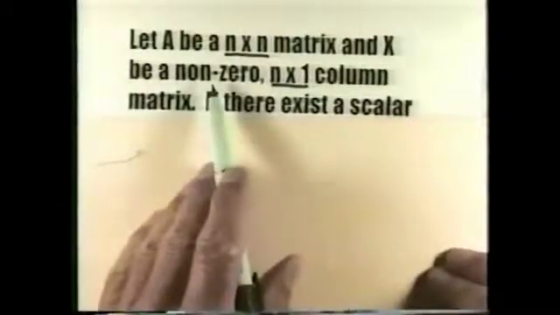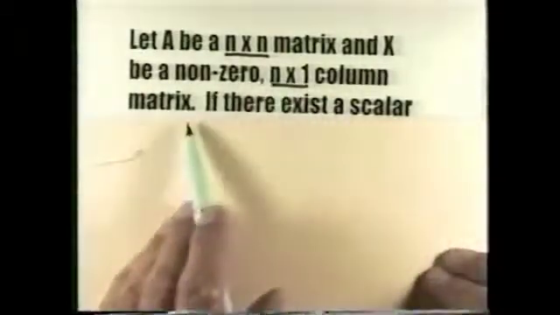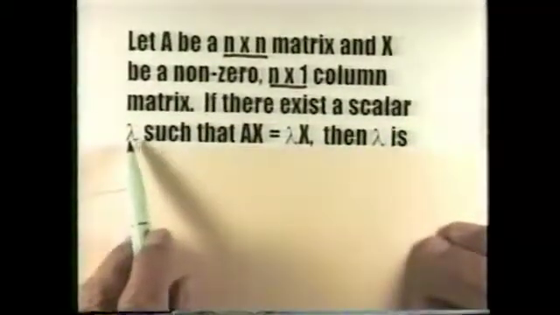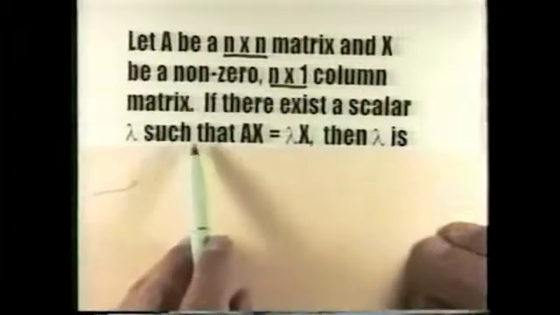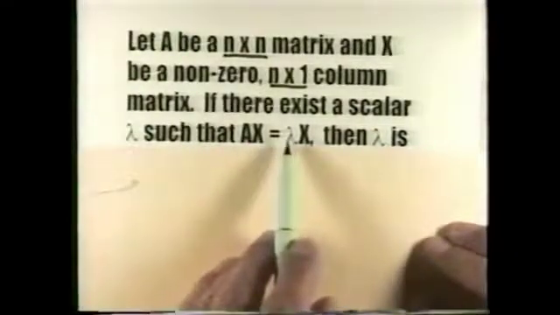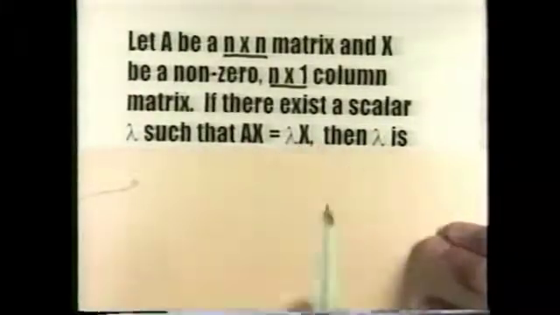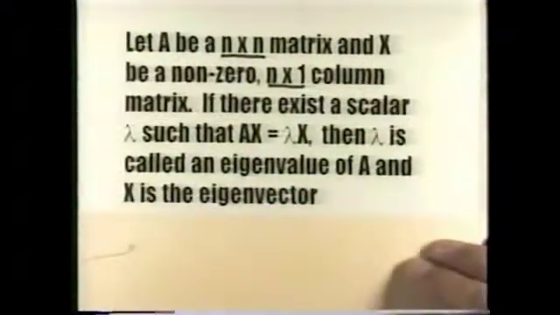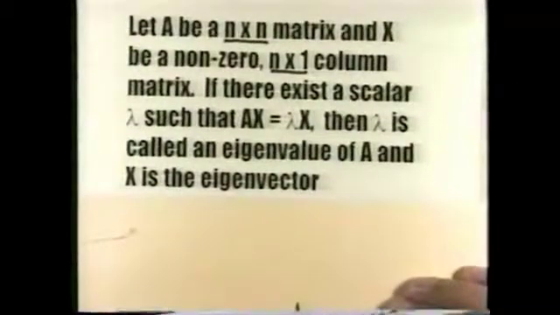X is an n by 1 column matrix. And X is not the zero matrix. If there exists a scalar, we'll call the scalar lambda, such that AX is equal to lambda X, then lambda is called an eigenvalue of A. So either eigenvalue or characteristic value of A. And X is the eigenvector.